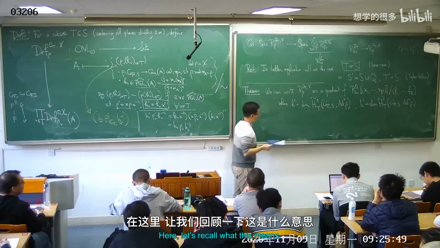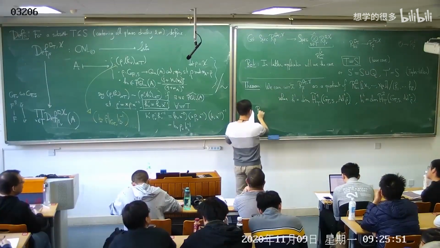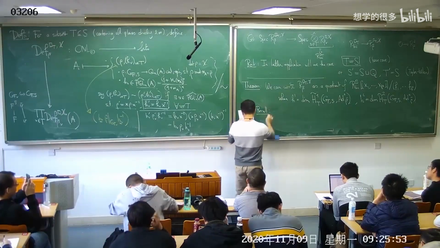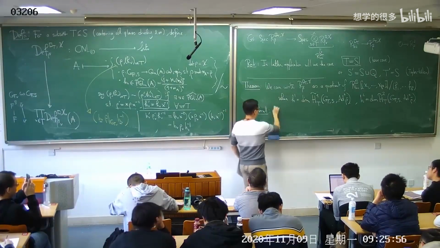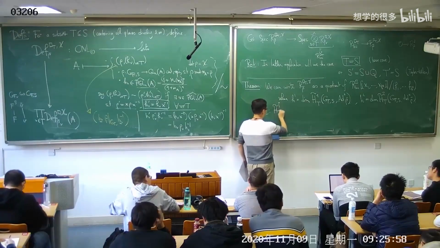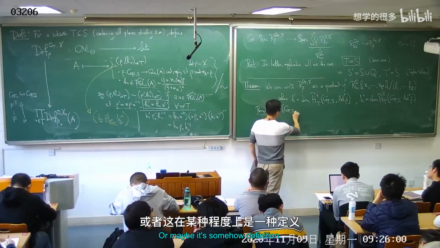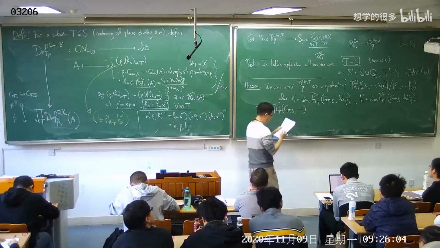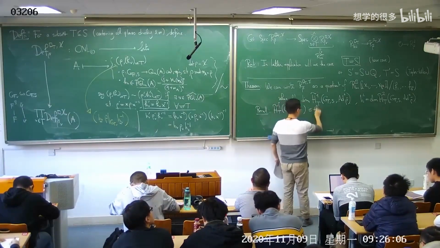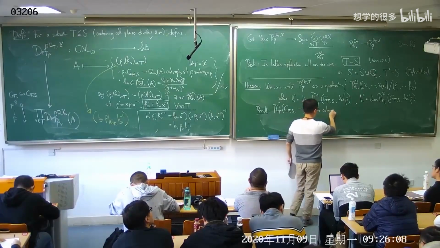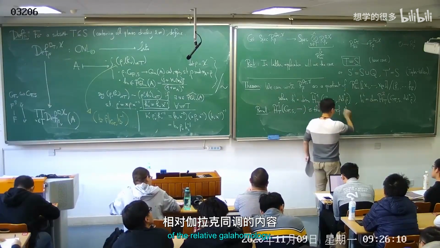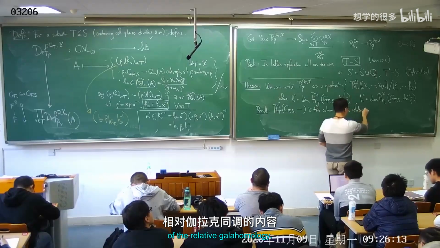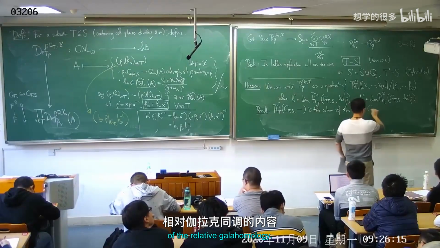Here, let's recall what this means. I didn't quite give the definition where these two are different, so let me write this. It's the cohomology of the relative Galois cohomology.